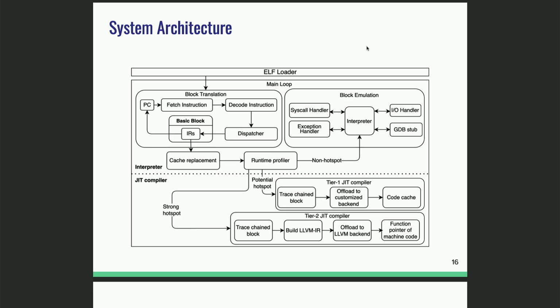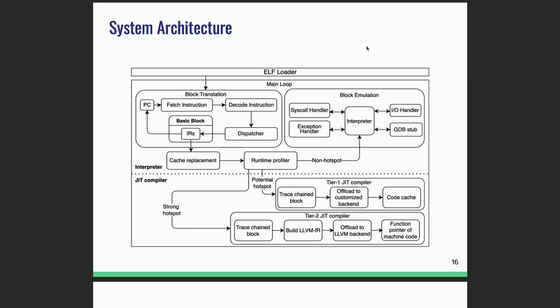And if we are able to determine the performance hotspot, we split into two conditions. One is the strong hotspot, meaning that it is feasible to invoke LLVM to perform aggressive optimization. And for the remaining case, we call it the potential hotspot.